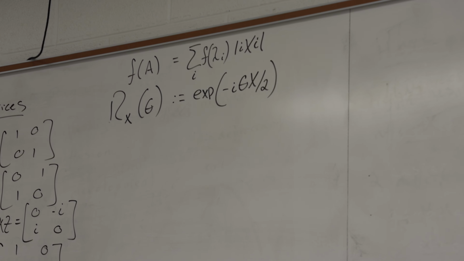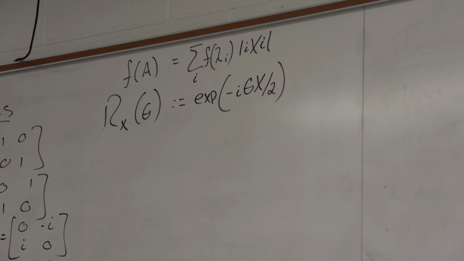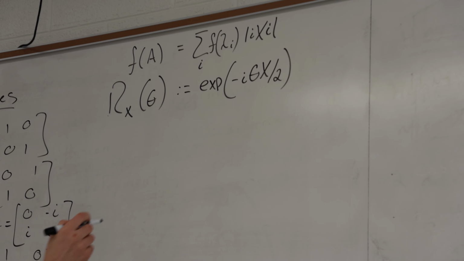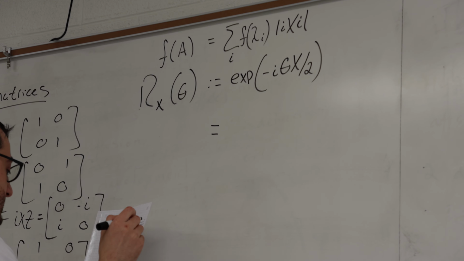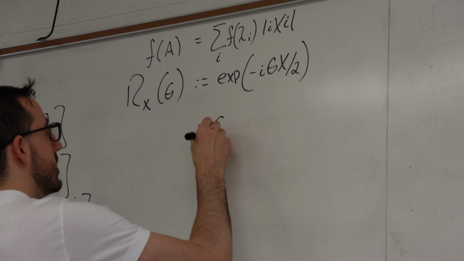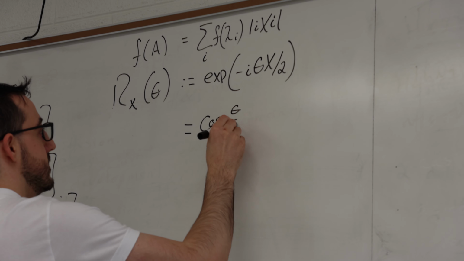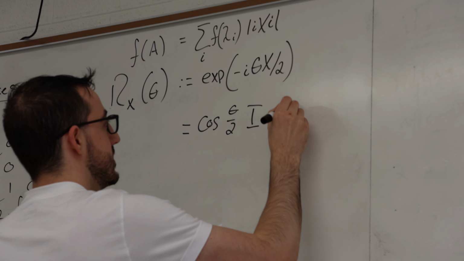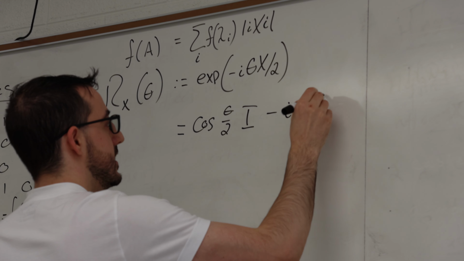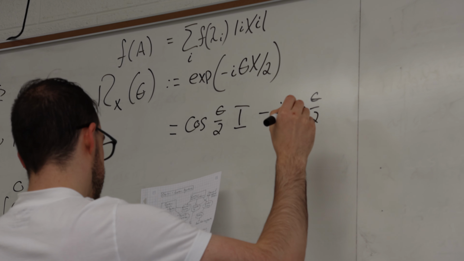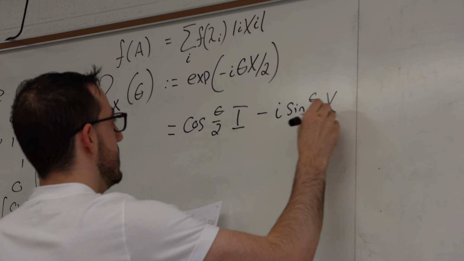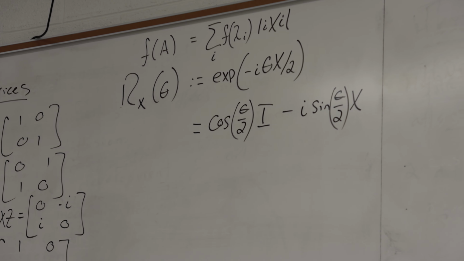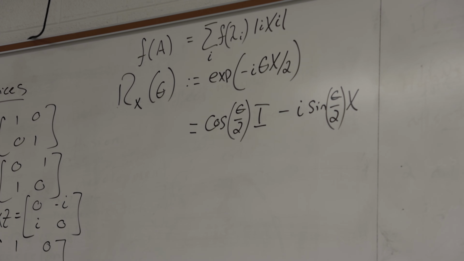What you can show, and this is exercise 4.2 on page 175, which you'll do in a future homework assignment, is that this actually works out to be the following. Cosine of theta over 2 times the identity matrix minus I, imaginary number I, sine theta over 2 times Pauli X. So just the theta over 2 being the argument of the cosine and the sine, of course, and then the Pauli X outside of that.